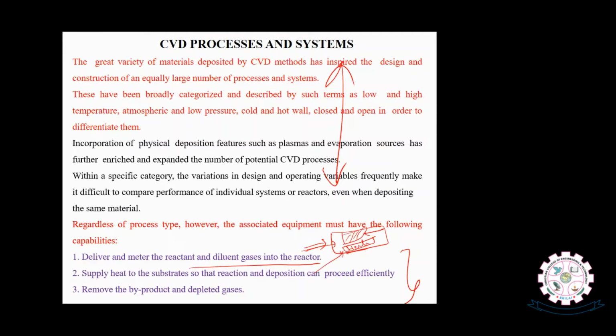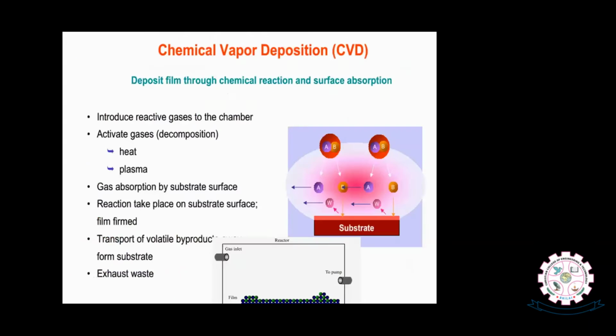And remove the byproduct gases. As I have shown you, titanium nitride plus hydrogen chloride, how you have to remove the byproduct so that the titanium nitride remains on the substrate. Otherwise, this HCl can etch off the titanium nitride also. That is what happens. You need to be careful. So this is the general principle that I would like to put up.